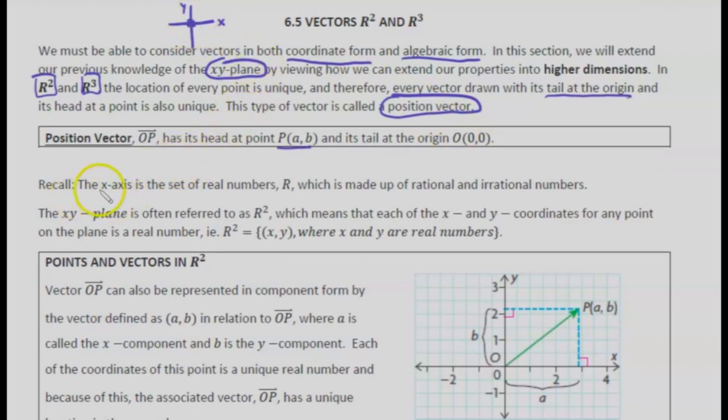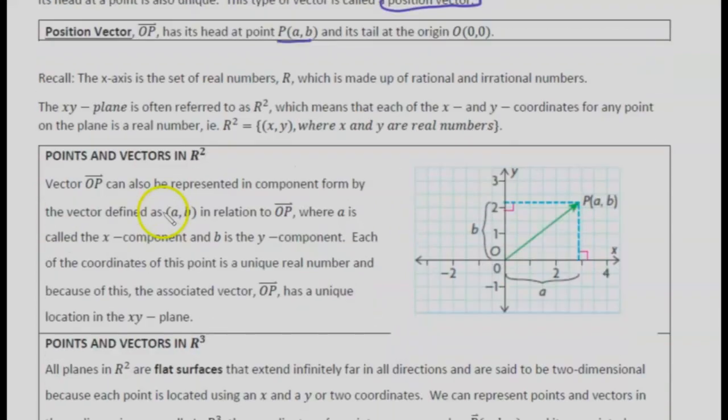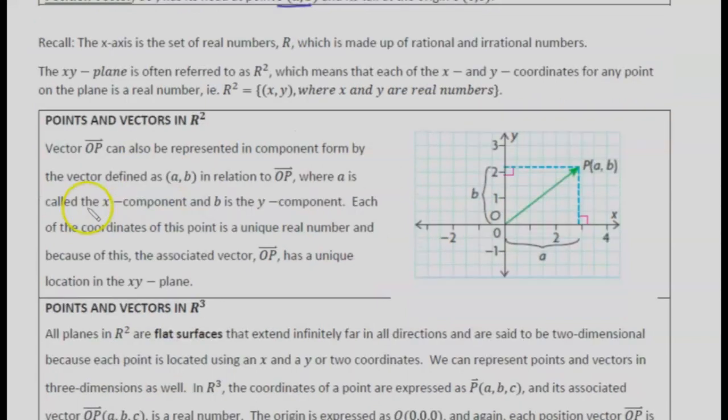So let's recall. The x-axis is a set of real numbers, R, which is made up of rational and irrational numbers. Okay, what that means is that the x-axis is continuous and it hits every single point, every single number. Okay, so the xy plane is often referred to as R squared, which means that each of the x and y coordinates for any point on the plane is a real number.